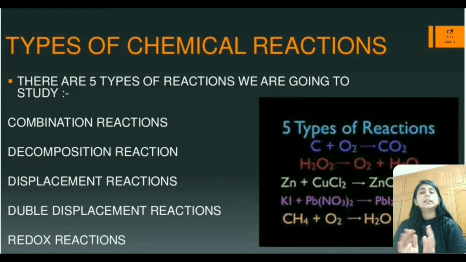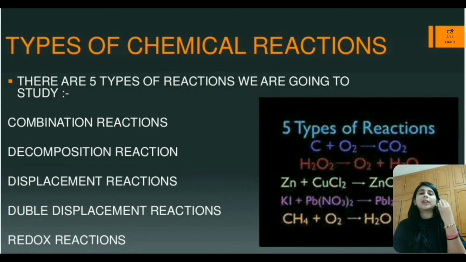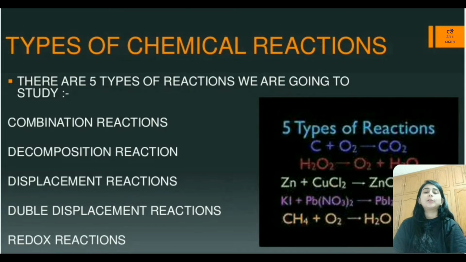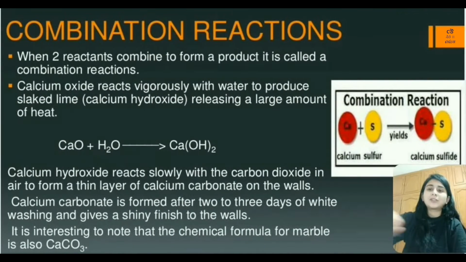Number 4, double displacement reaction, and number 5, redox reaction. So basically chemical reactions are broadly classified into 5 major types. One by one we are now going to cover all these types of chemical reactions.